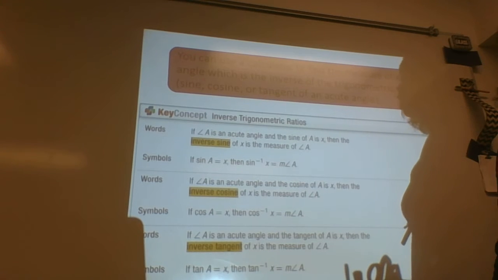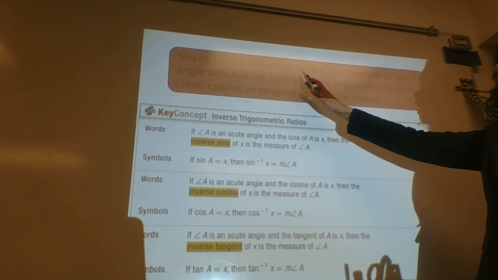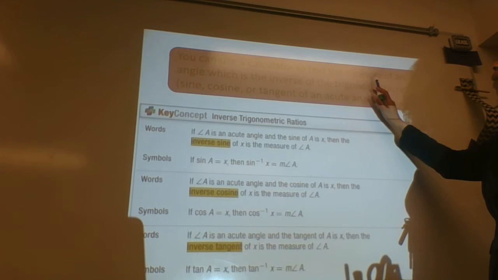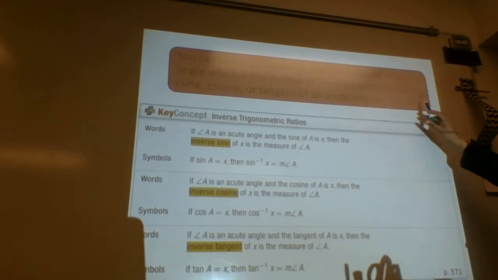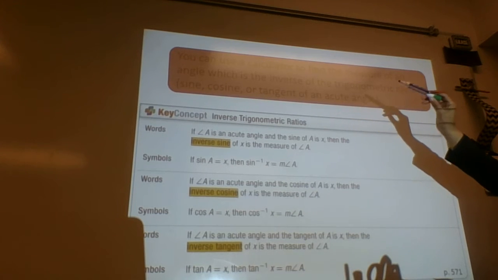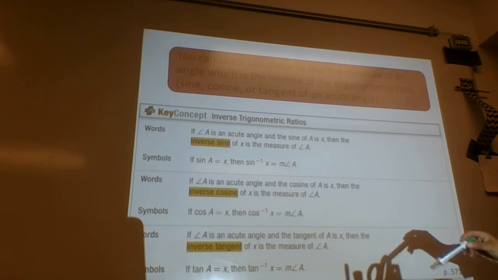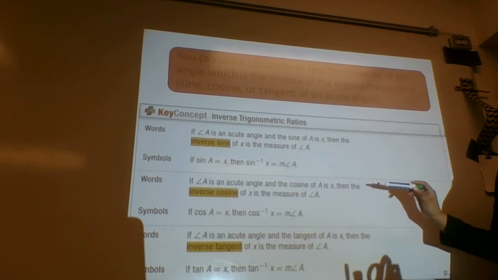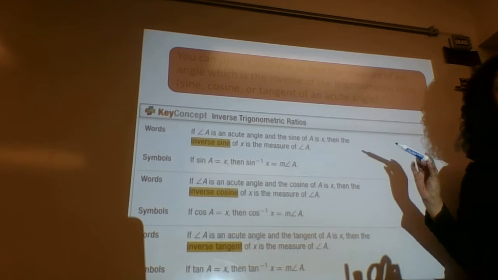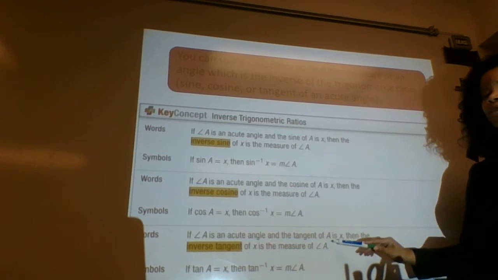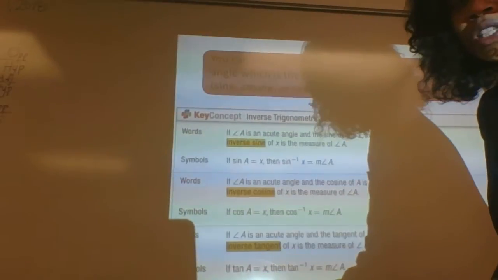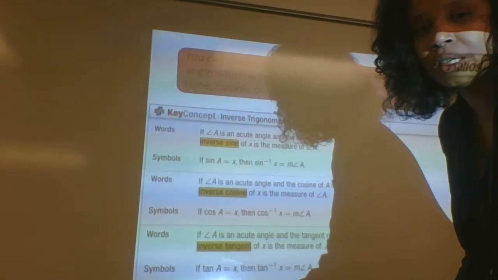What we're going to have to do is use a calculator to find the measure of an angle, which is the inverse of the trigonometric ratio: sine, cosine, tangent of an acute angle. We're not finding it of the 90-degree angle. Rather, we are finding it of the acute angles within the right triangle. So again, let's go ahead and write this in words. There it is. Go ahead and write that out.